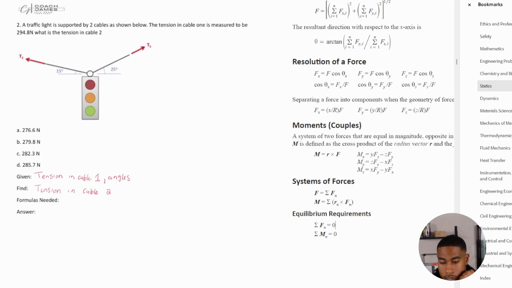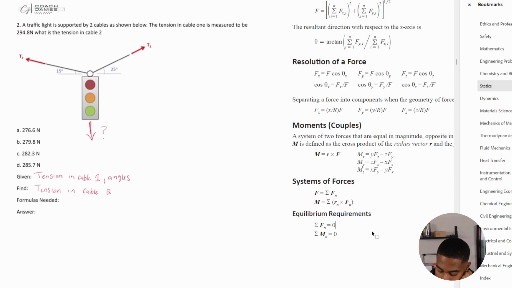Well, we're going to need equilibrium. Sum of the forces is equal to 0. And so we draw this out. And so I definitely know that there is some weight here, right? But I don't know what that weight is. So if I do the sum of the forces in the y, I have 2 unknowns, right?